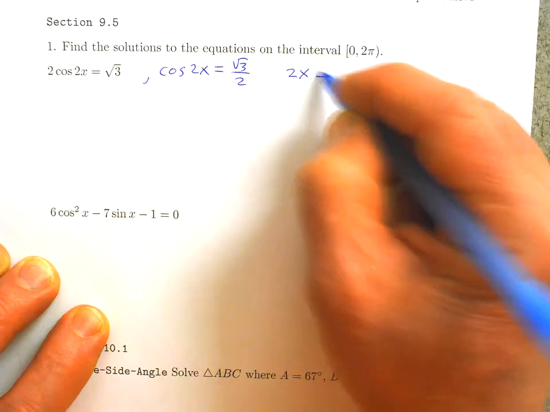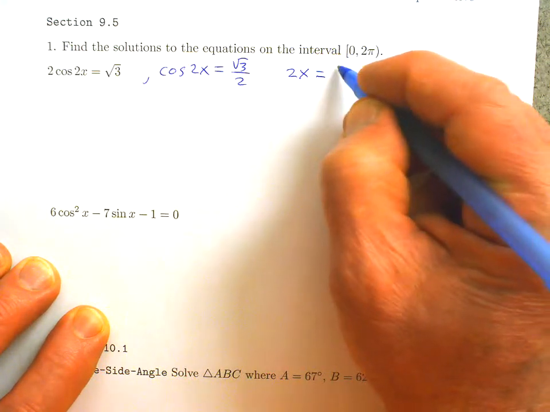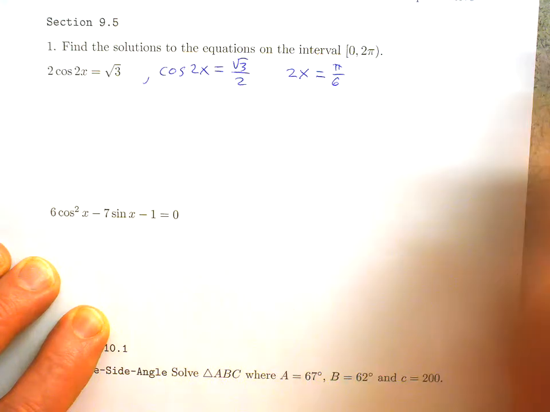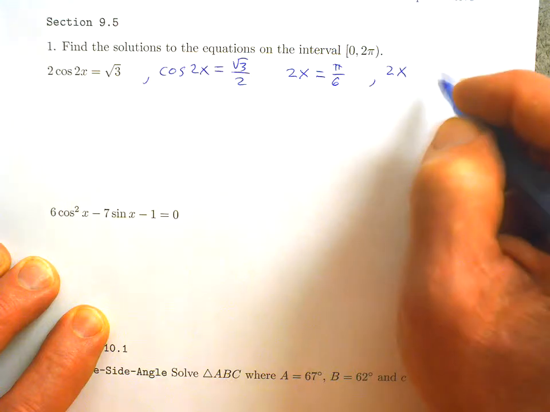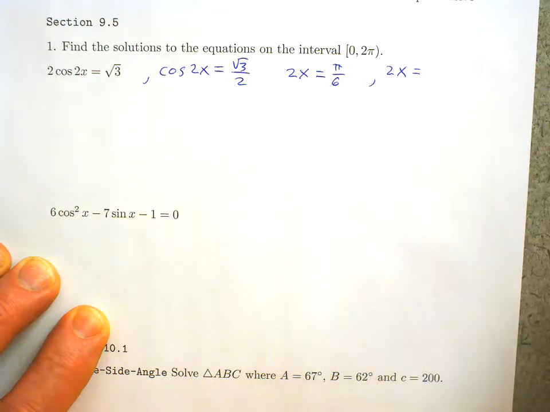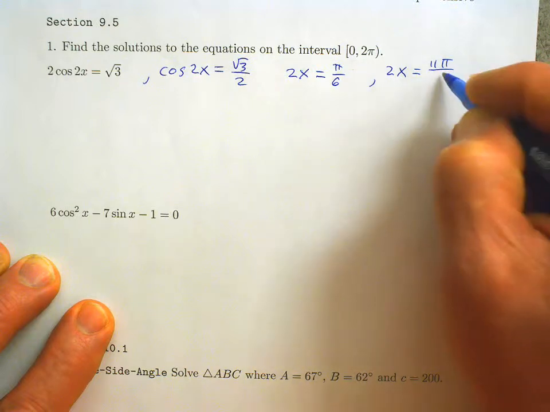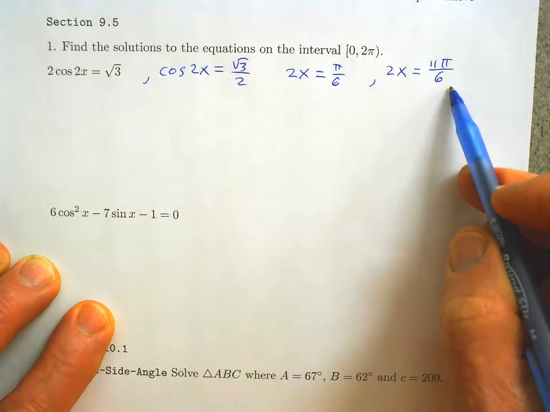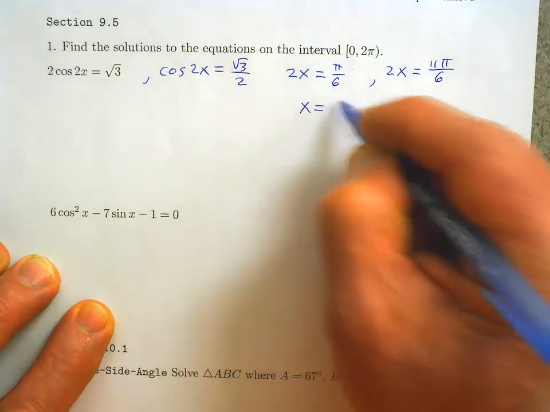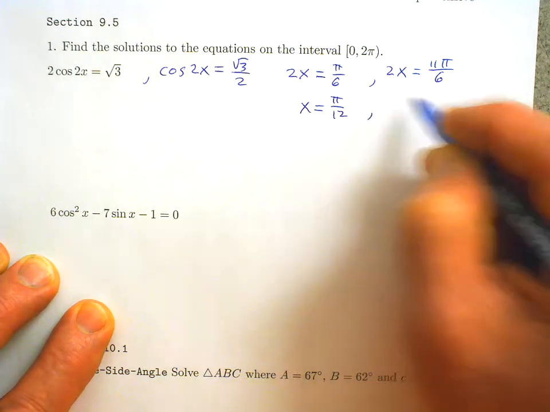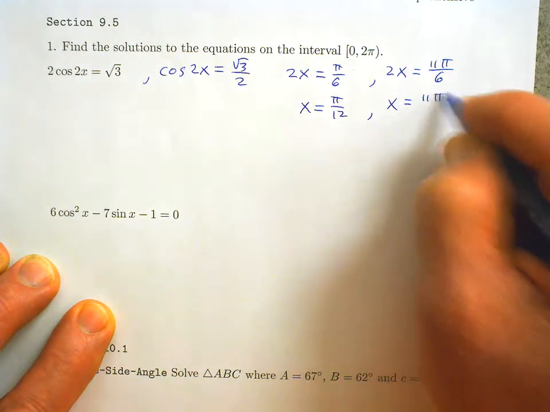If 2x is pi over 6, or 30 degrees. And then the other one, if 2x is equal to 11 pi over 6 in the fourth quadrant. But remember, we're solving for x, so x is equal to pi over 12. And the other value of x is 11 pi over 12.